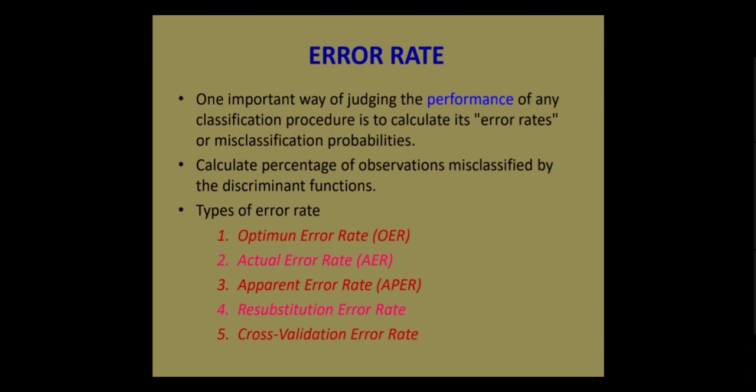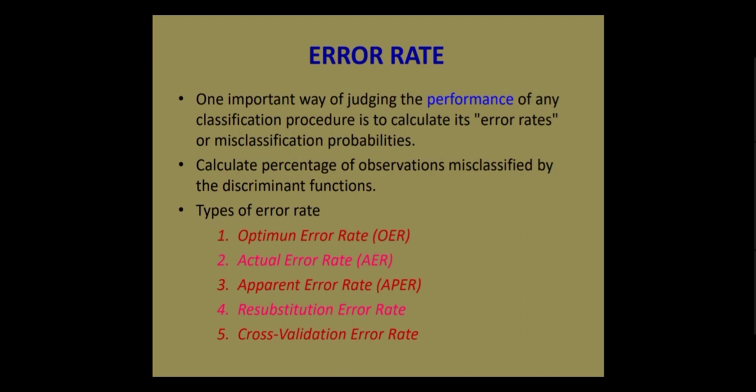For error rate, we will calculate the percentage of observations misclassified by the discriminant function. We will see how many misclassified observations occur when we use the discriminant function that we built.